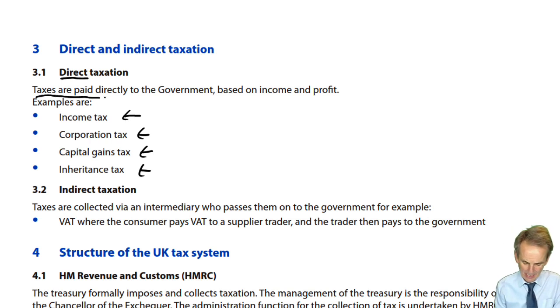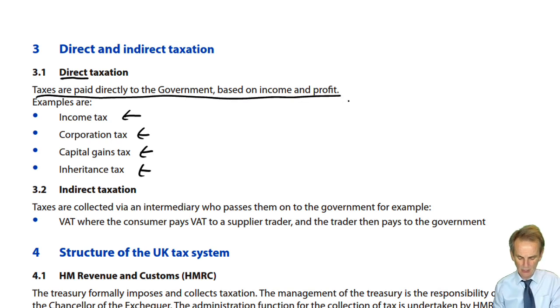Taxes are paid directly to the government based on the income and profit of the individual or the company, as the case may be. The taxpayer pays taxes directly to the government. There will be an assessment of an individual, there'll be an assessment of the company. Neither the individual nor the company has to settle and pay that tax liability by the various due dates.